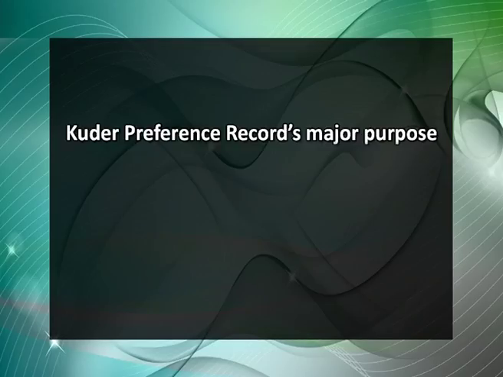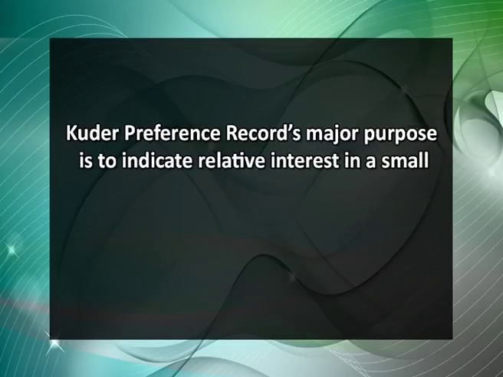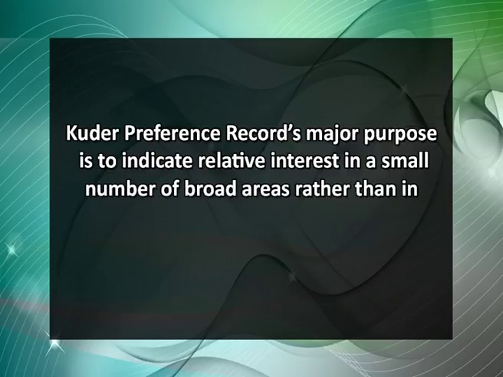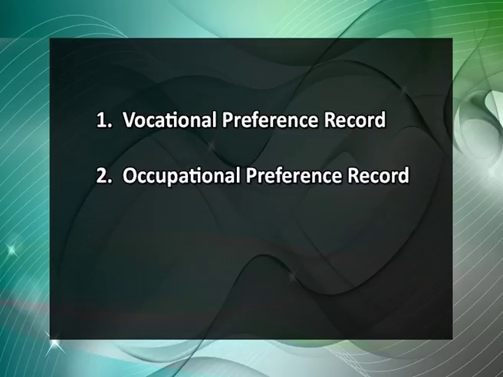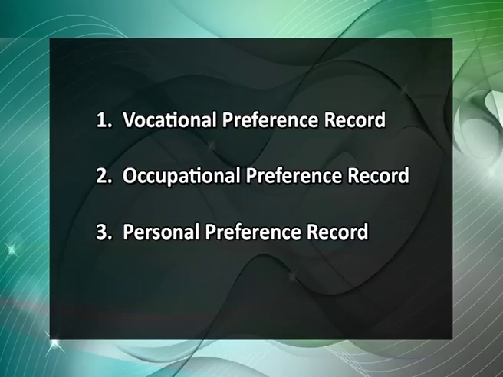Its major purpose is to indicate relative interest in a small number of broad areas rather than in specific occupations. This record has 3 types. Number 1, Vocational Preference Record. Number 2, Occupational Preference Record. Number 3, Personal Preference Record.